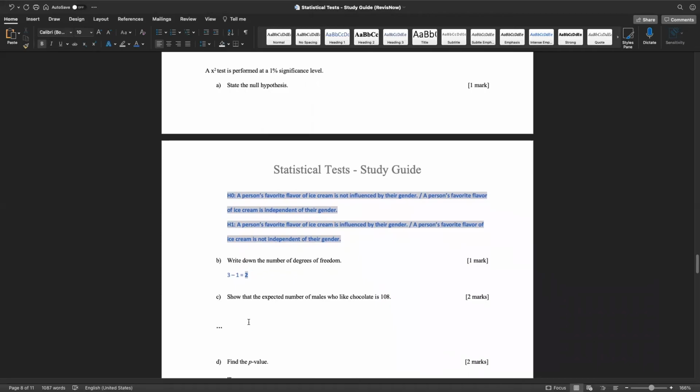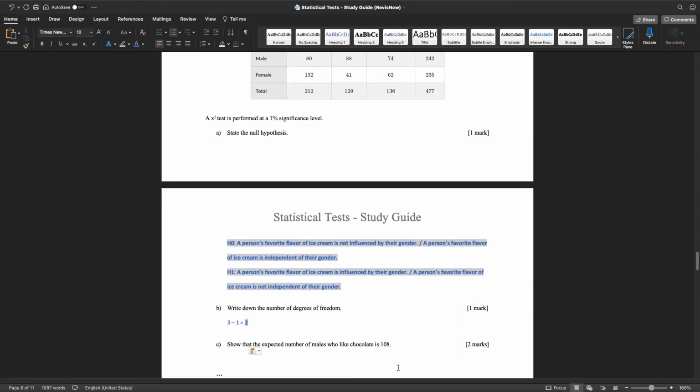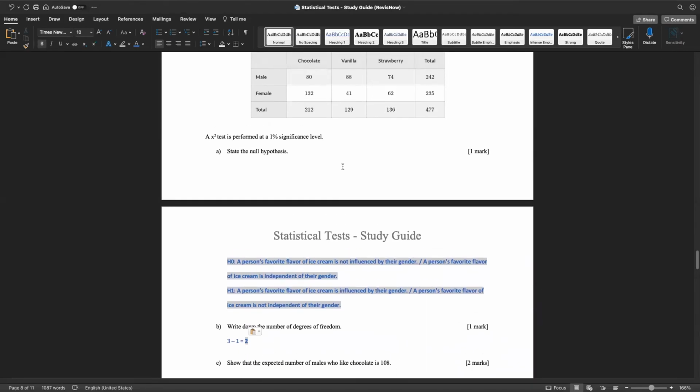Okay, so the expected number of males who like chocolate is 108. Basically they want us to show the work. Since we know that expected frequency is n times p, first you take the total, and then you multiply that by, since it's saying males, 242 over 477.